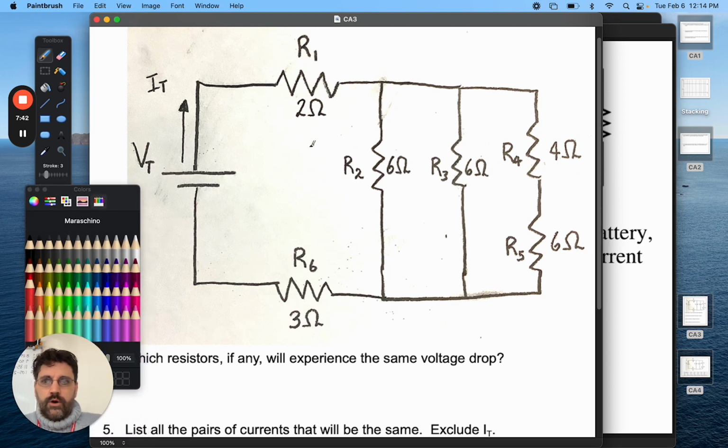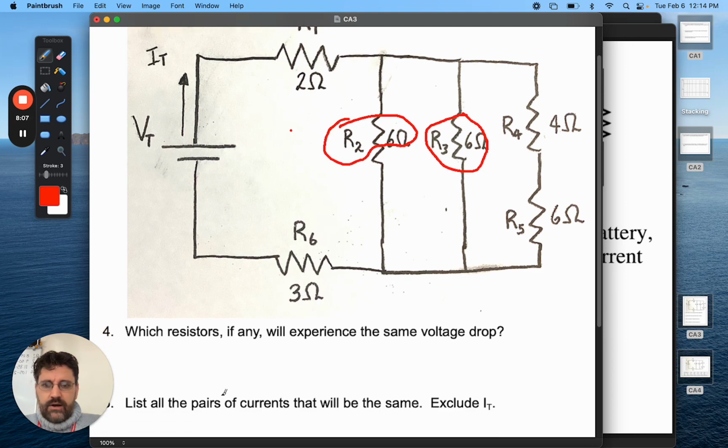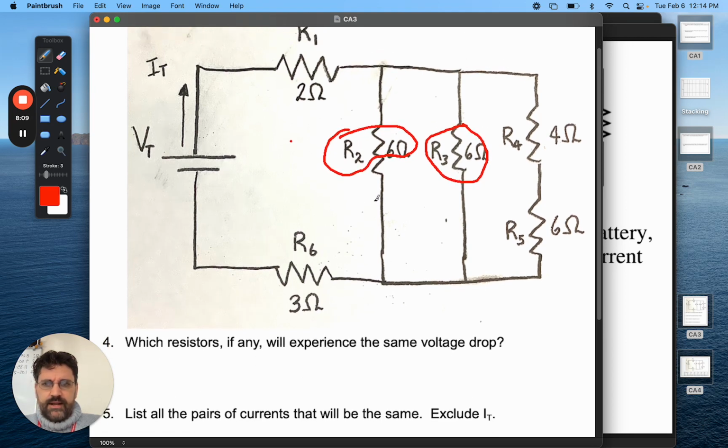There we go. Okay. Which resistors experience the same voltage drop? This one and this one, because they're in parallel. They experience the same voltage drop as these two together, but not either one of them. And the resistor at the top and the resistor at the bottom would have been different voltages as well. Okay, the pairs of currents that will be the same, but forget about IT.